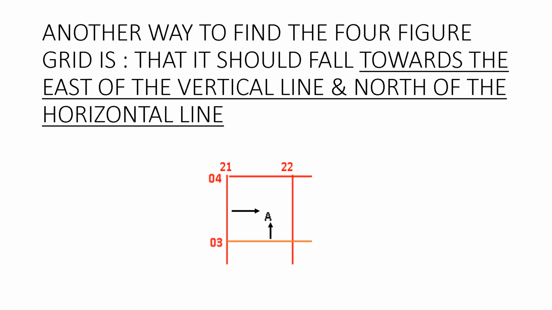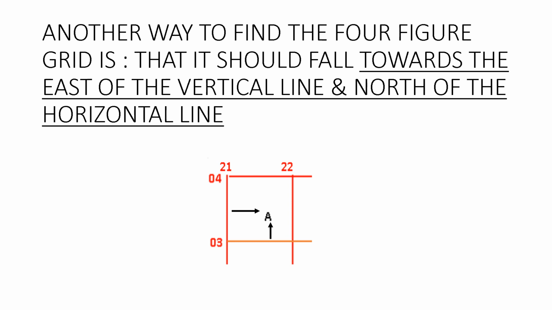So A is falling in the east of 21 and in the north of 03. Therefore the four-figure grid will be 2103.